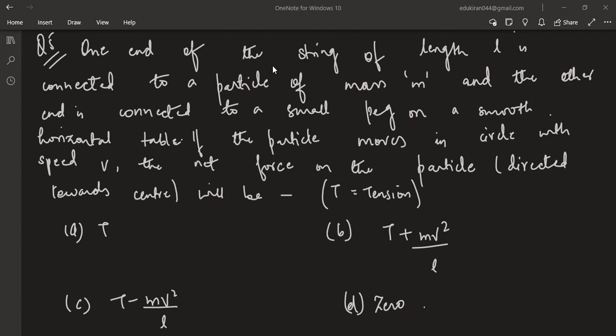One end of the string of length L is connected to a particle of mass M, and the other end is connected to a small peg on a smooth horizontal table. If the particle moves in a circle with speed v, the net force on the particle directed towards the center will be.